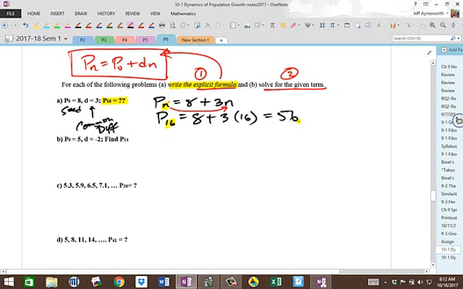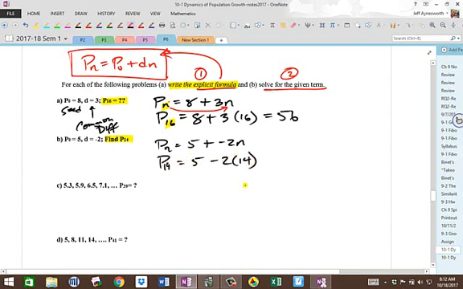You just have to continue and get good at it. You write the function, and then use it to predict. Here, the function is the seed, which is 5, plus negative 2 times n. Then you want to find p sub 14, the 14th population. So you substitute 14 in, so it's 5 minus 2 times 14.